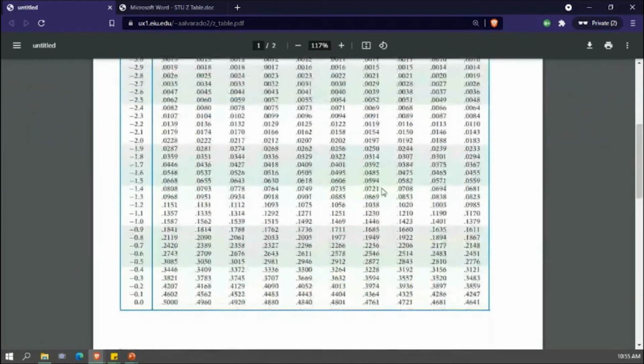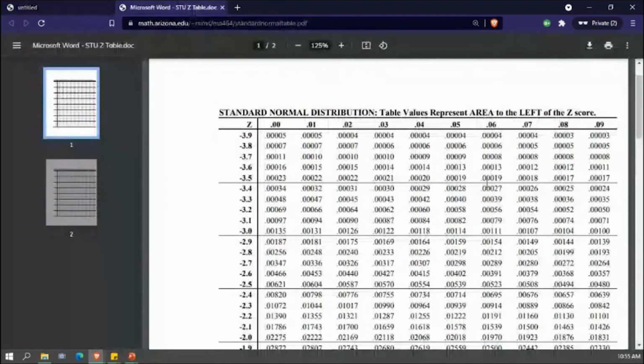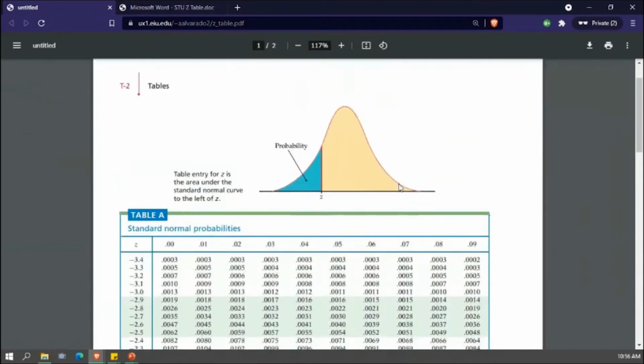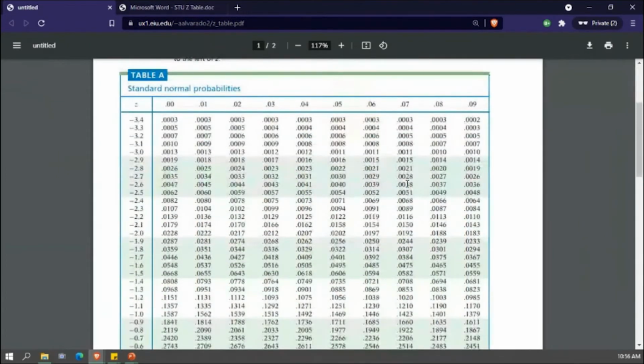The other one is just simple, but I think it's better in terms of the values because there are 5 decimal values in the area, and the z goes to negative 3.9, which means it has larger coverage compared with the other one. But I will be sending you these two links for your reference. You can download them and use them to solve later problems.